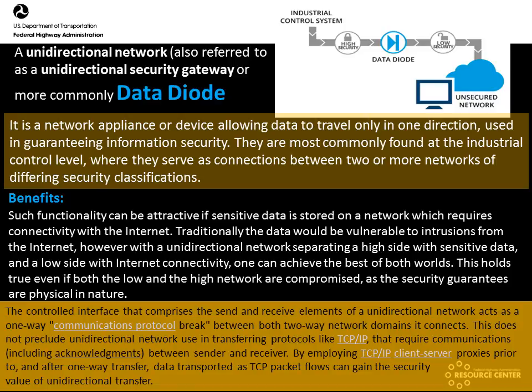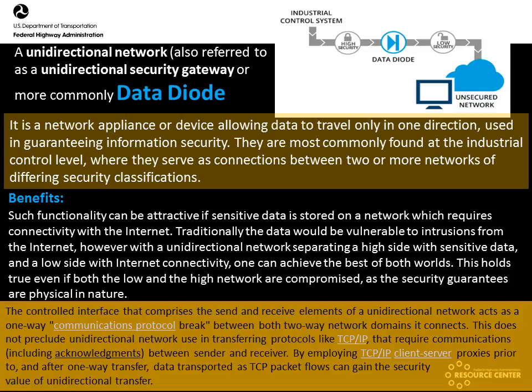This holds true even if both the low and the high network are compromised, as the security guarantees are physical in nature. The controlled interface that comprises the send and receive elements of a unidirectional network acts as a one-way communications protocol break between both two-way network domains it connects.